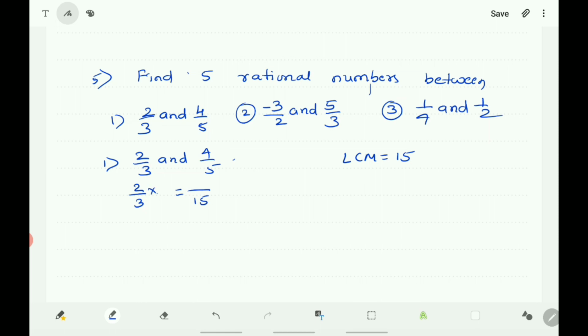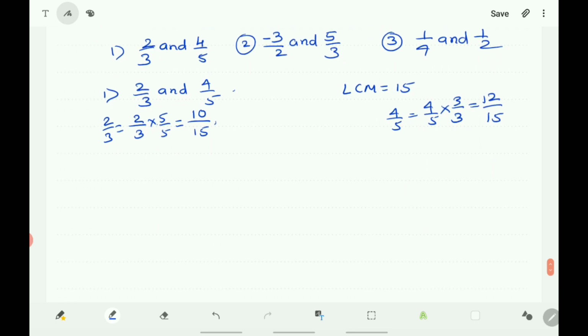So you multiply both numerator and denominator: 2 by 3 into 5 by 5 becomes 10 by 15. Next, 4 by 5 into 3 by 3 is 12 by 15.